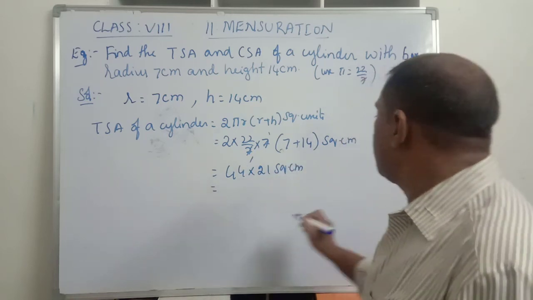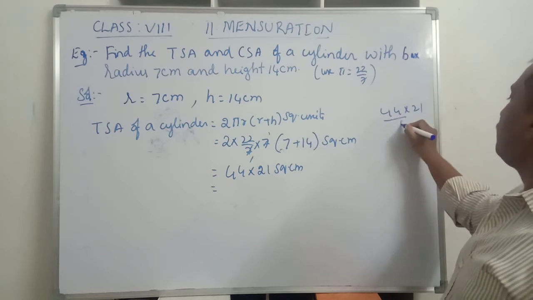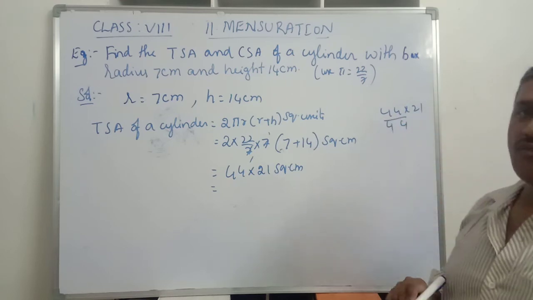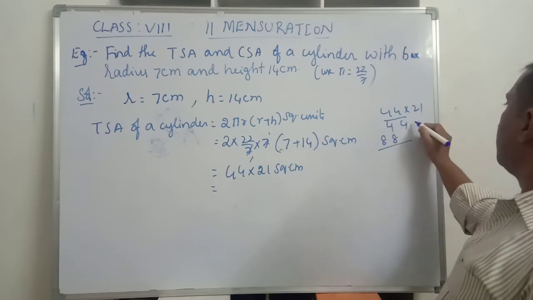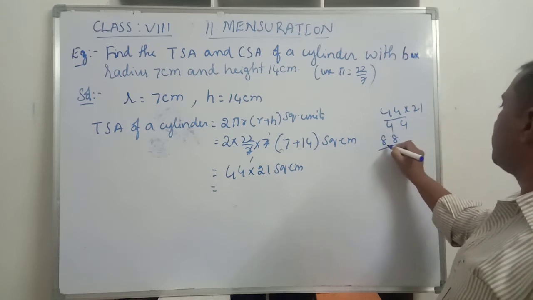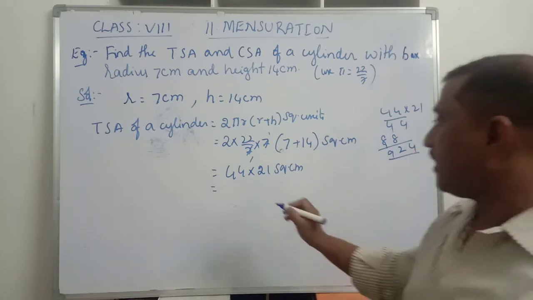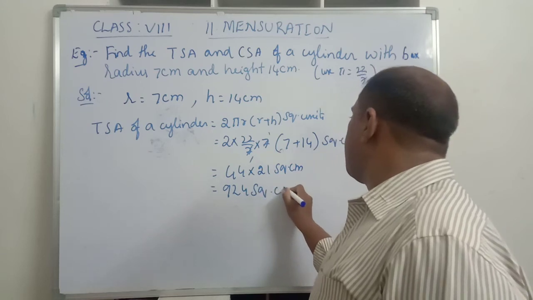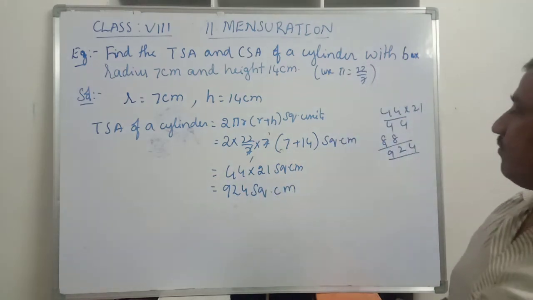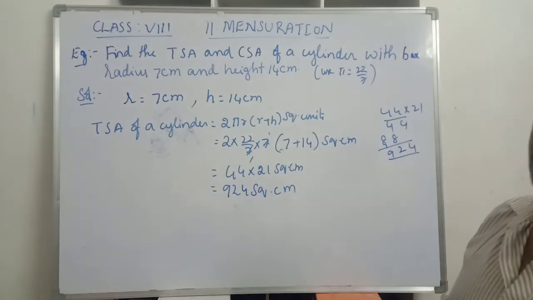Now multiply 44 into 21. 924 square centimeters is the TSA of a cylinder.